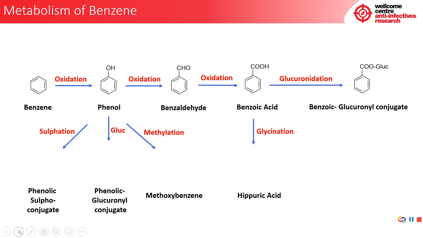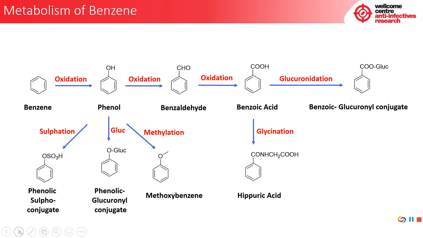The phenol that is formed from benzene can undergo sulfation to give us the phenolic sulfate conjugate, or it can undergo glucuronidation to give us the phenolic glucuronide conjugate. Or it could also undergo methylation to give us methoxybenzene. But the benzoic acid so formed from phase 1 can undergo glycination to give us hippuric acid.